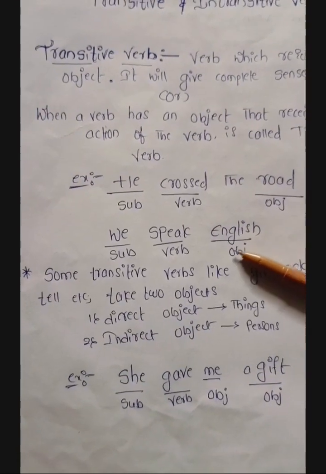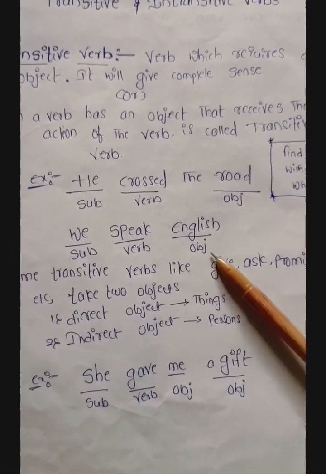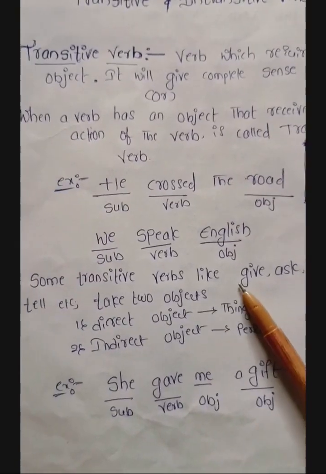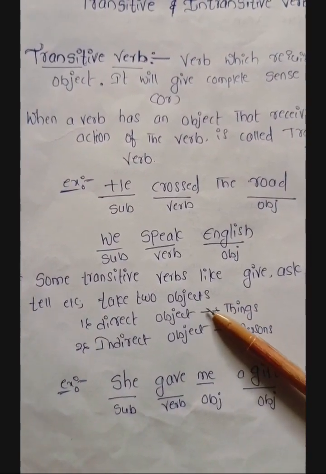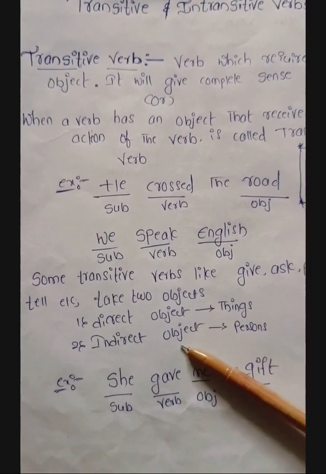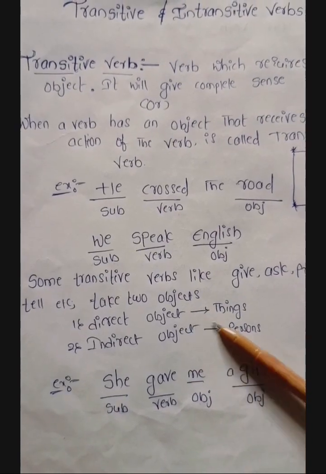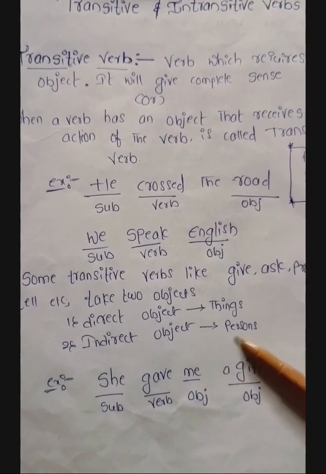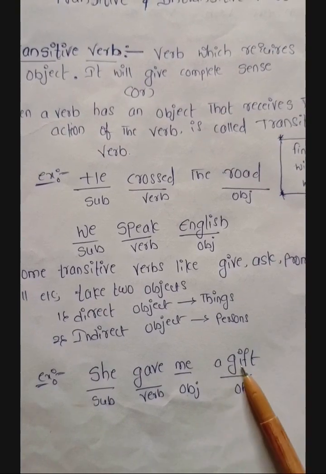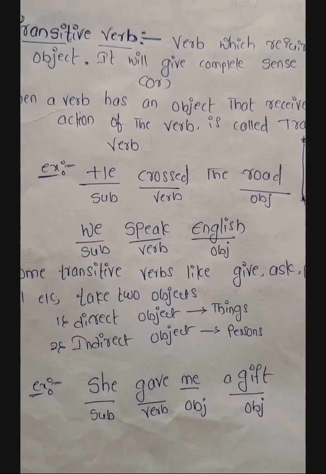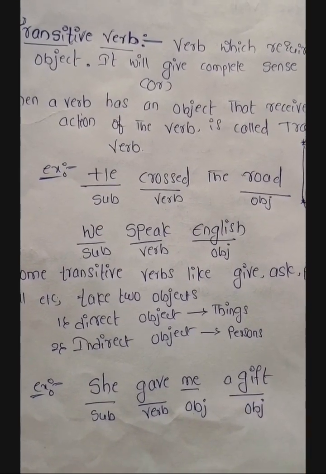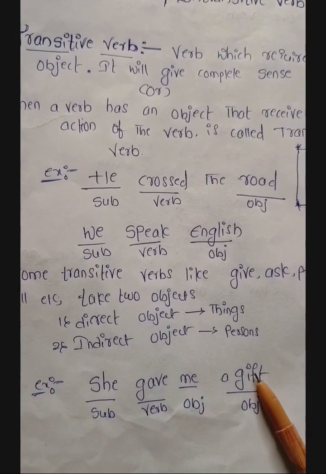In some cases, some transitive verbs like give, ask, promise, tell will always take two objects, a direct object and an indirect object. Direct objects are mostly things and indirect objects are mostly persons. For example, she gave me a gift. In this example, two objects are there. Me is the indirect object, a gift is the direct object.